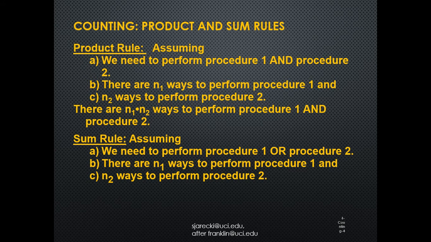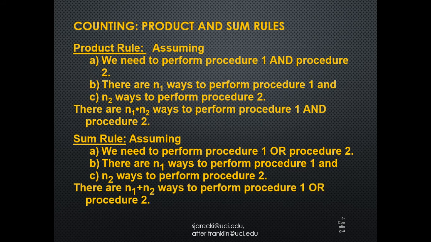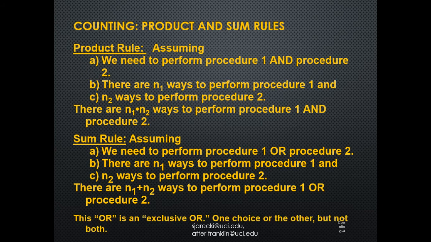So when to apply the sum rule: if you see a statement using the "or" keyword, then you will apply the sum rule. To do that, you have to add N1 and N2 ways to perform procedure 1 or procedure 2. And this "or" is an exclusive or, meaning one choice or the other, but not both.